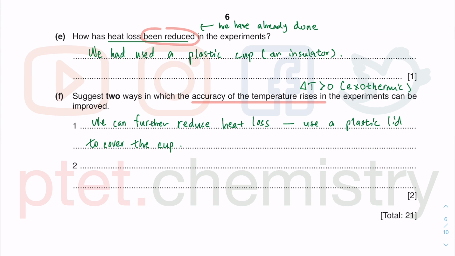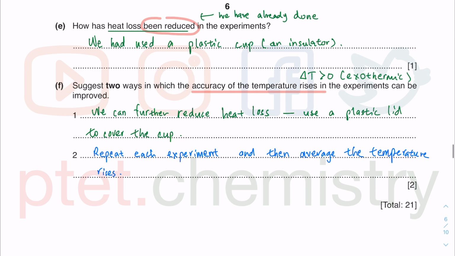So as I did mention, you could have repeated each experiment, and then take the average of the temperature rises. Provided that you are a competent chemist, your two temperature rises shouldn't be that different, considering that they are all based on the same set of readings.